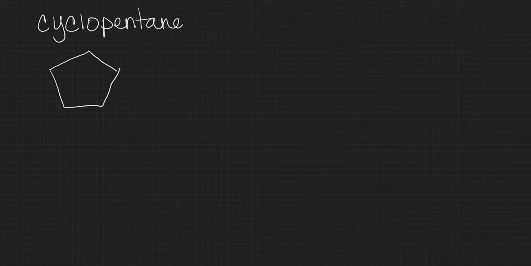We want to also look at cyclopentane. If we draw it flat, that's the house. However, we are not going to draw it flat. What we notice as well with cyclopentane, it is sp3 hybridized. It has a bond angle of about 108 degrees.